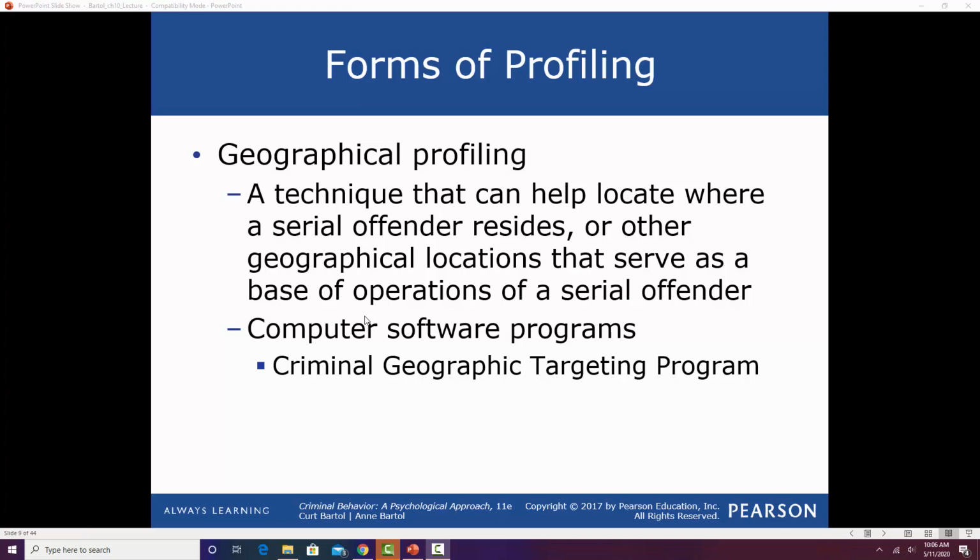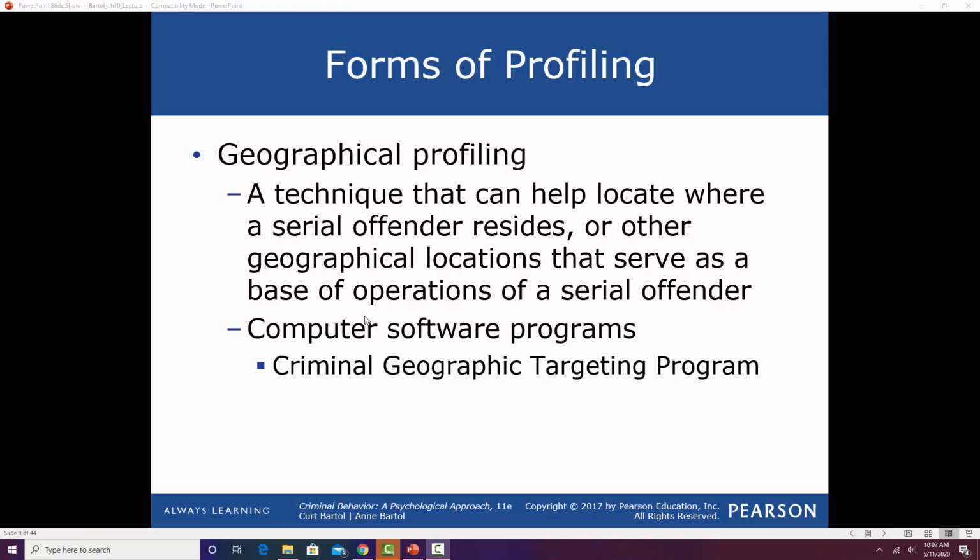computer software and taken maps of old London and mapped out where each of the victims were found, and based on that, they've been able to determine where they think the offender lived, or at least worked. And the same thing can be done with serial killers, with serial robbers, with serial home burglaries.